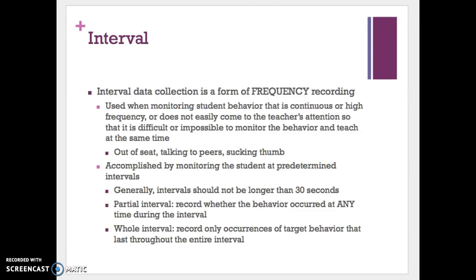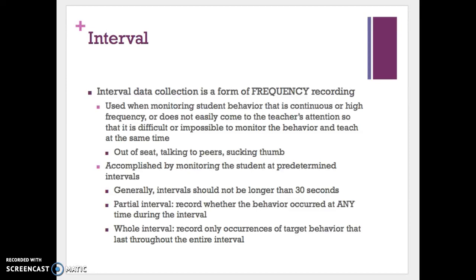A partial interval is where you record whether the behavior occurred at any time during the interval. So even if it's for a second, you would still say, yep, it happened. A whole interval is where you record only for occurrences where the target behavior lasts throughout the whole interval, so for that 30 seconds.